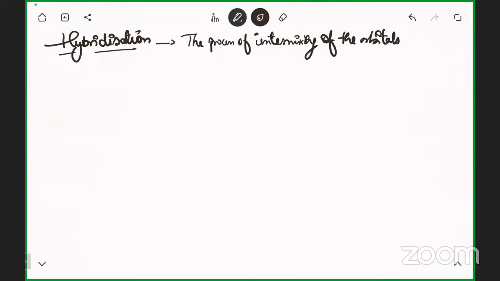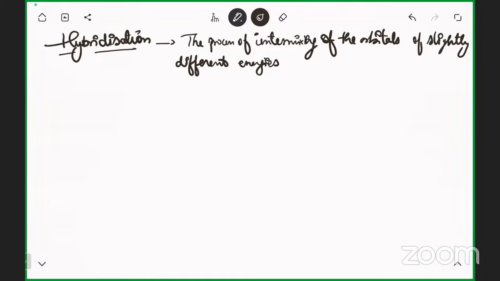Which type of orbitals? Orbitals of slightly different energies. It means those orbitals which have a slight difference between their energies undergo the intermixing. And what they exactly do is redistribute the energy.